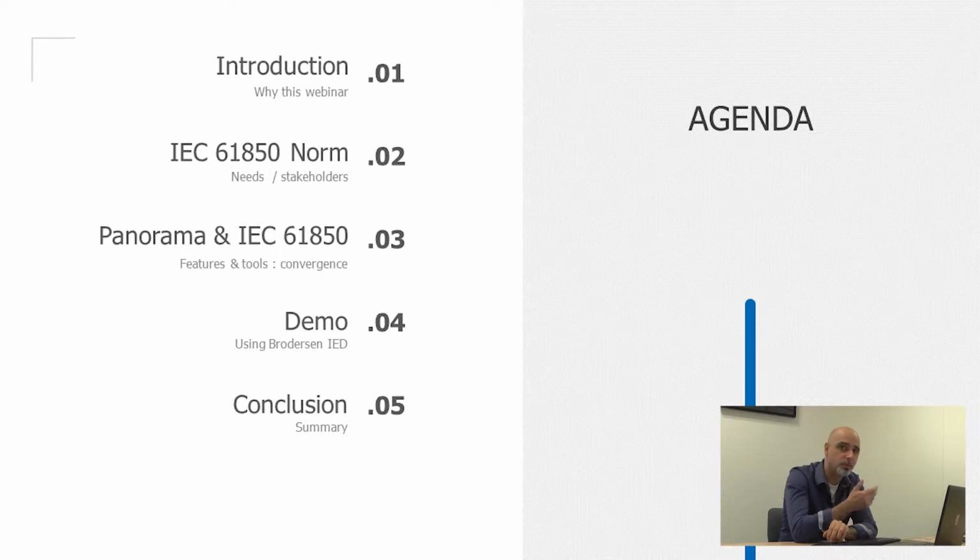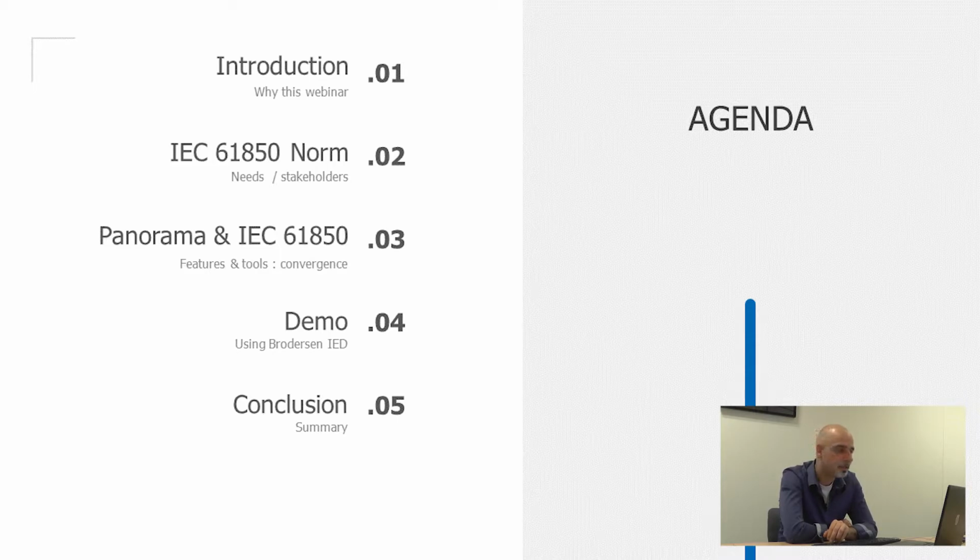So for this webinar, we prepared a usual structure, a really short introduction of the company and their businesses, because most of you already know us. Also we present the aim of the 61850, then how it's designed and why it's designed like this. It's a standardized solution, a norm, which answers the specific requirements of the electricity sector.